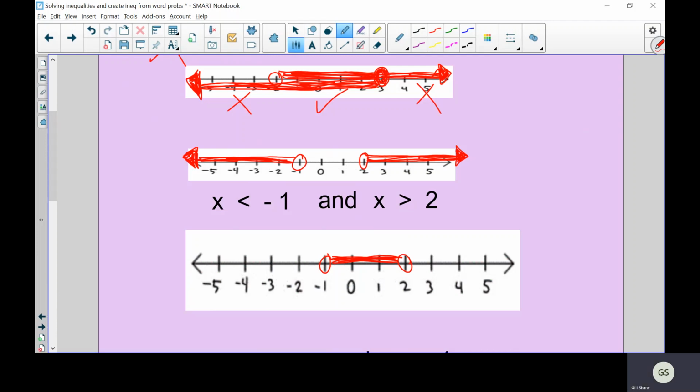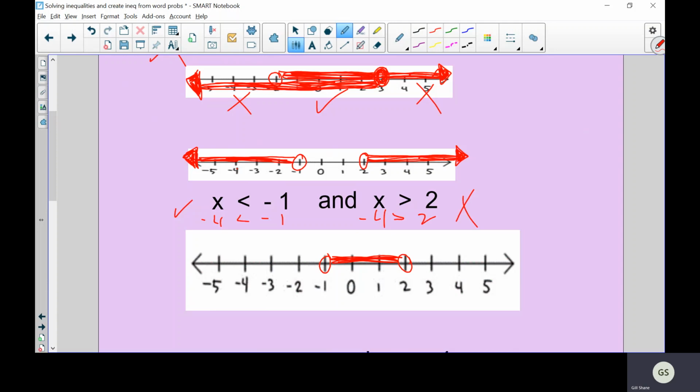And if we test each section, let's test -4. Is -4 less than -1? Well, yeah, -4 is less than -1. But it also has to meet this one. Is -4 greater than 2? Absolutely not.